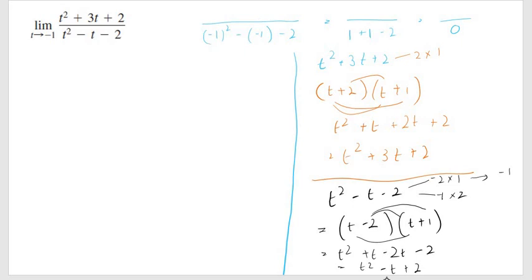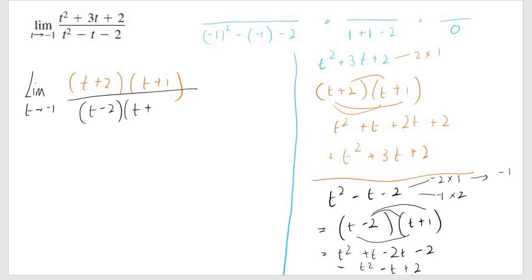So we'll substitute this to the numerator and this to the denominator, and we see the limit as t tends to minus 1. The numerator would be t plus 2 and t plus 1, and the denominator would be t minus 2 and t plus 1. So here we can cancel out the common factors.